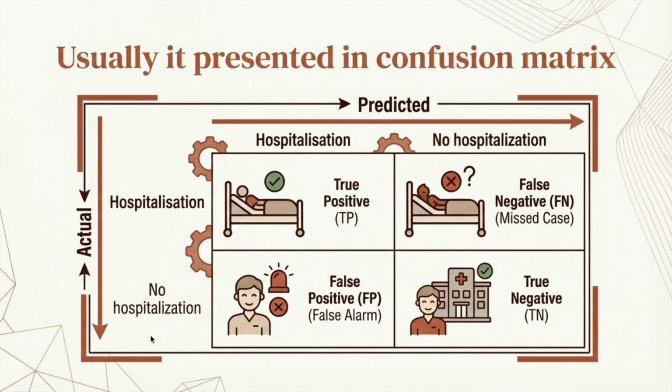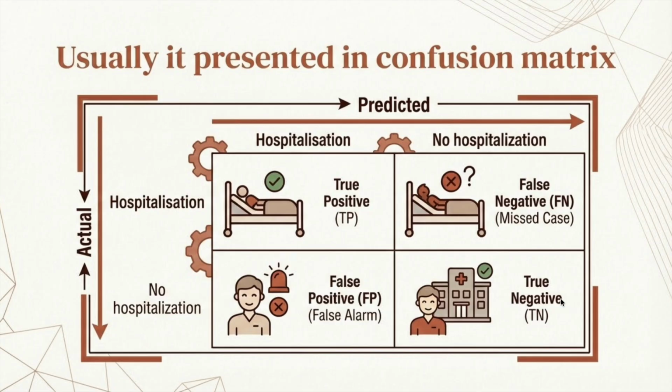And in reality there was no hospitalization, but the model said that there will be, it's false positive, false alarm. And no hospitalization for both cases, it's true negative. Pretty simple, but this is a core topic to use machine learning models wisely.